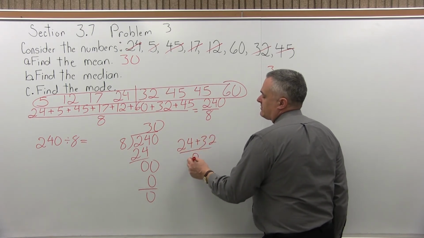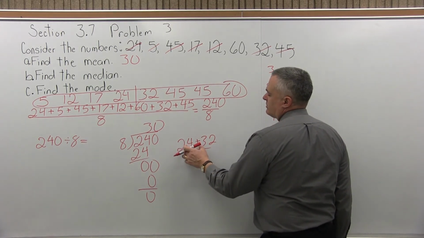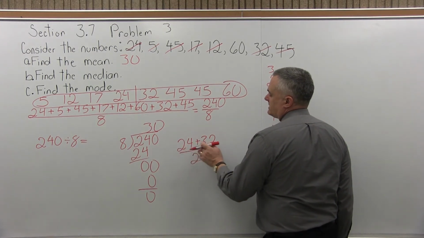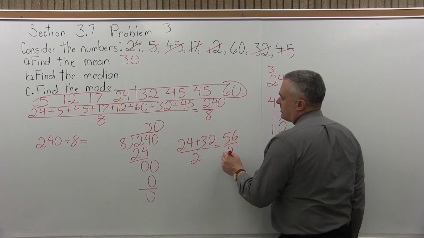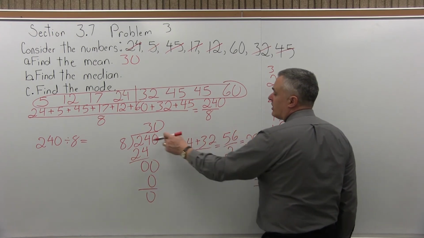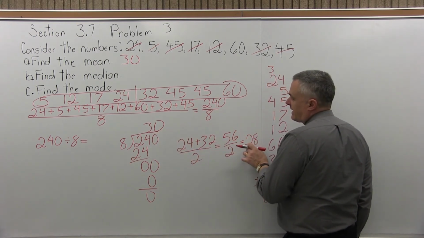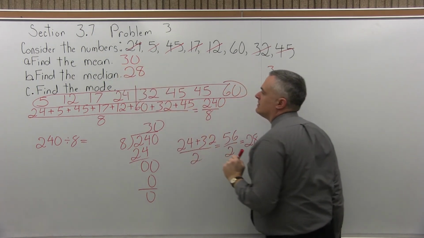Take the two numbers, add them together, divide by 2. So 24 plus 32, the 20 and the 30 is 50. The 4 and the 6, I have 56. 56 divided by 2, well, half of 56 is 28. And you can do it out the long way with a division, but I can see cutting it in half, I get 28. So that's the median, 28.